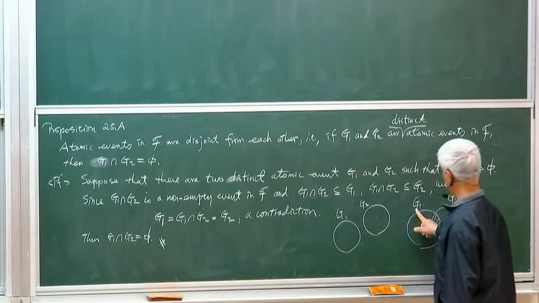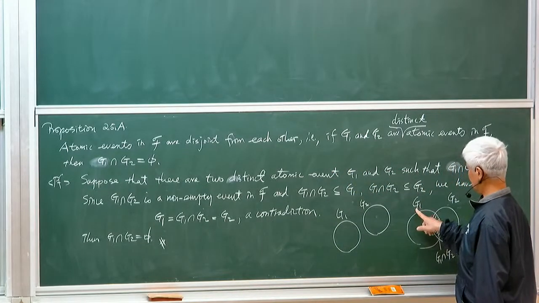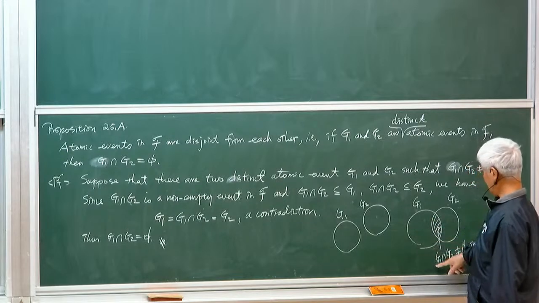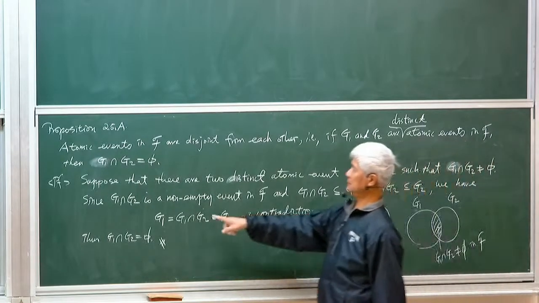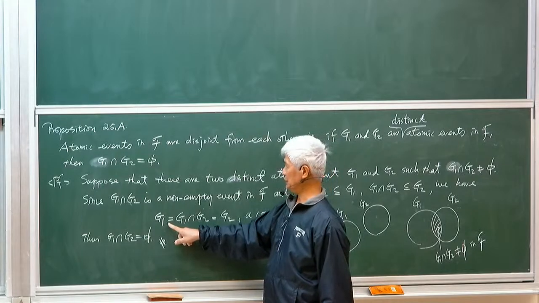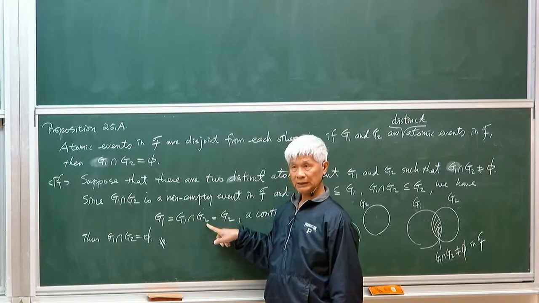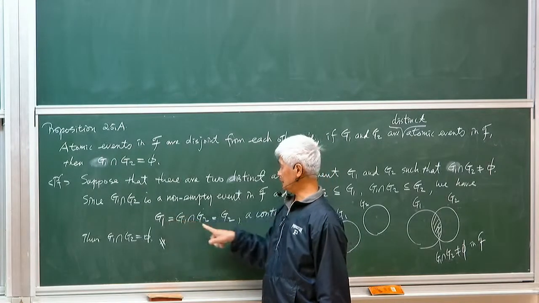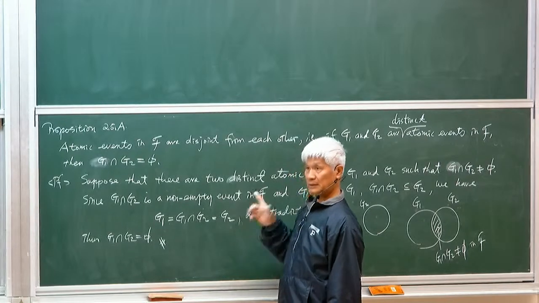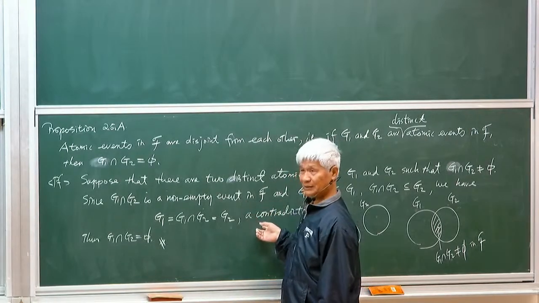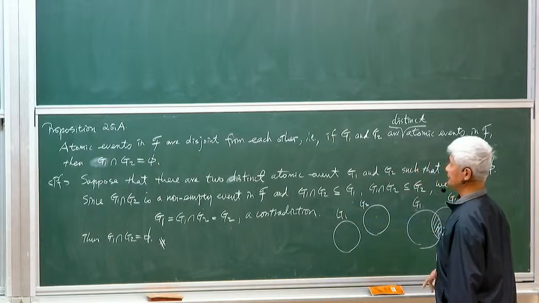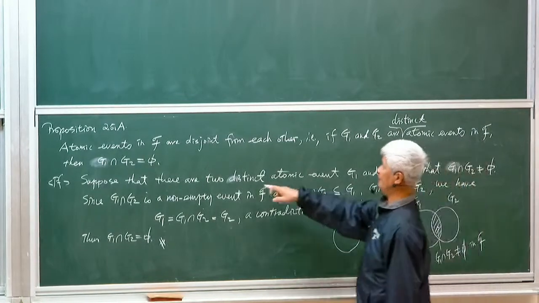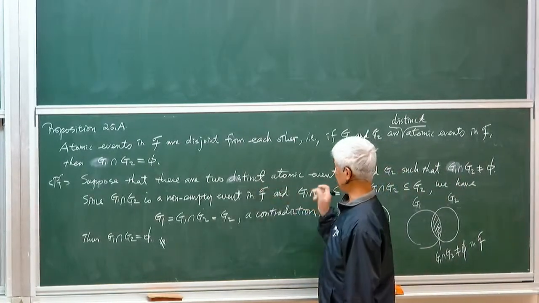And the same because G1 is atomic, G1 intersect G2 should be equal to G1. Then we establish this identity, which says that G1 is equal to G2. But this is a contradiction because G1, G2 are distinct atomic events.